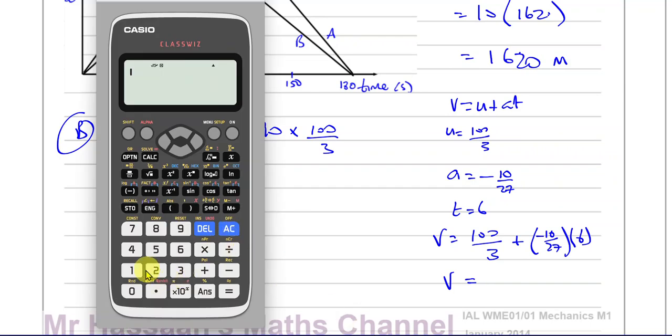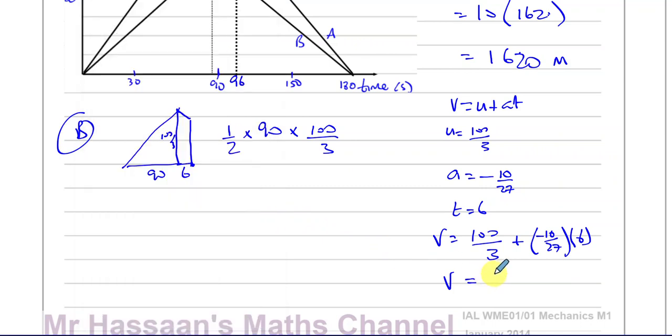We have 100 over 3 plus, we've got minus 10 over 27. Close the bracket. Open a new bracket. Times 6. Okay, so that gives us 280 over 9. That's the speed at this point. So this is 280 over 9.